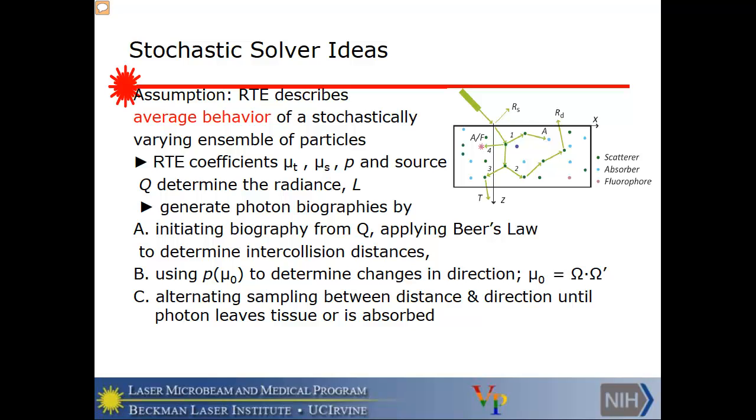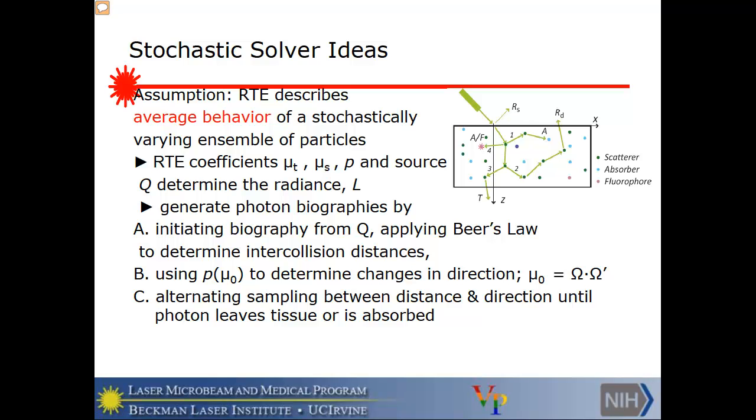Then after sampling such a distance, you will apply the scattering phase function to determine how the direction changes at that location. And mu zero here is not the same mu, not any of these mu's, but it's the cosine of the angle between the initial direction and the final direction. That's the scattering angle. And then after the launch and the first transport and the first collision, you iterate this process.